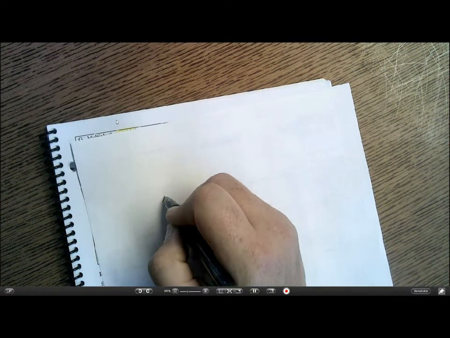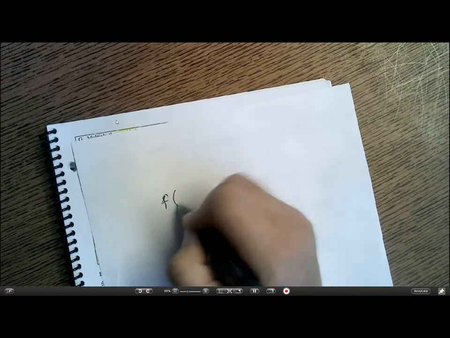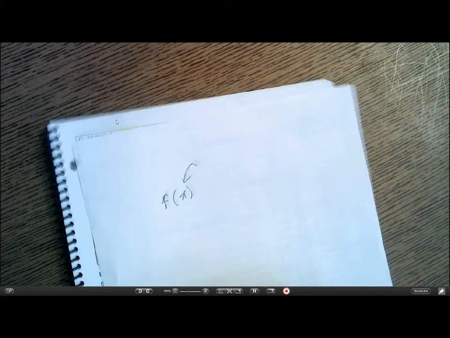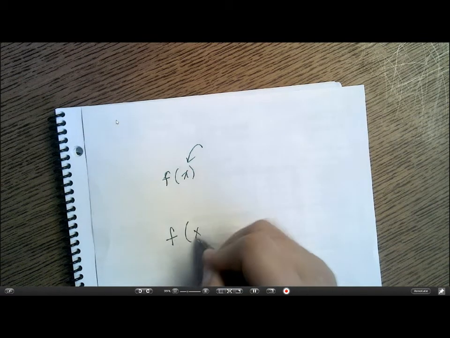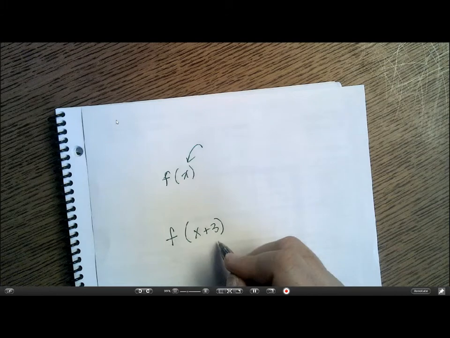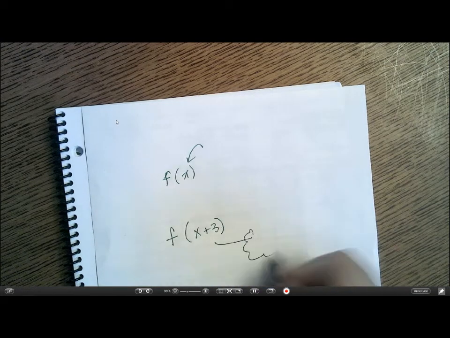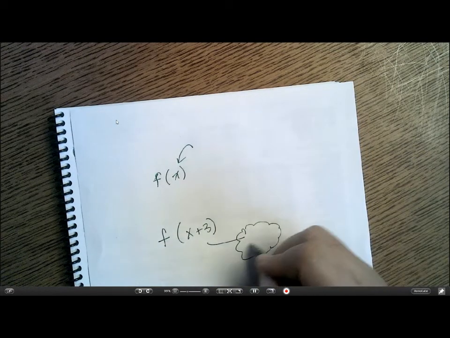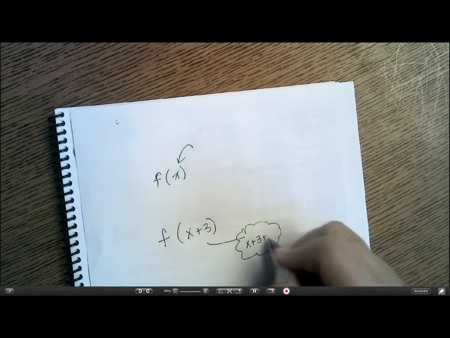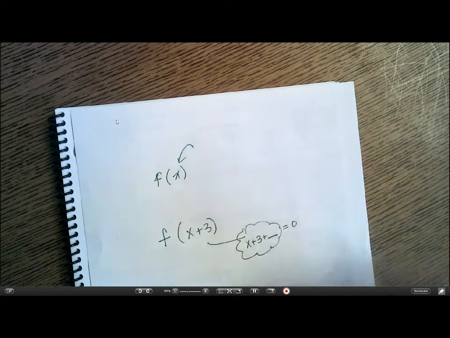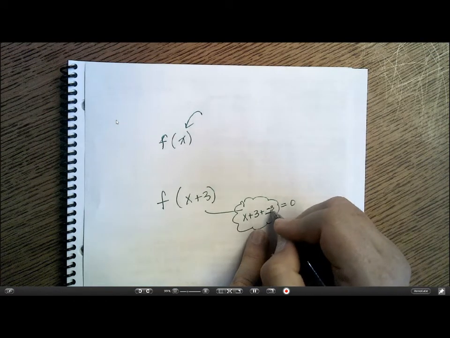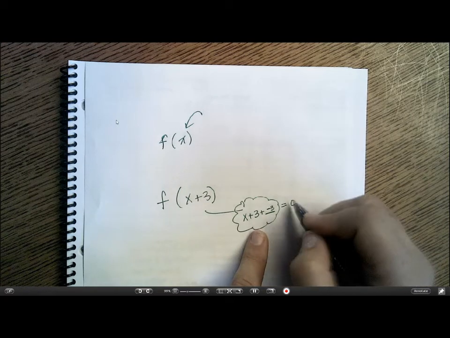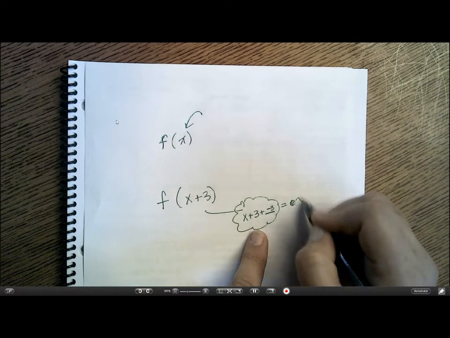The idea of anything on the inside of a function is to always take it back to x. So if I gave you any function and I said x plus 3, well, really what we're trying to do is this: x plus 3 plus what is going to take it back to 0. That means we're going to have to subtract 3 so that we are left with x.